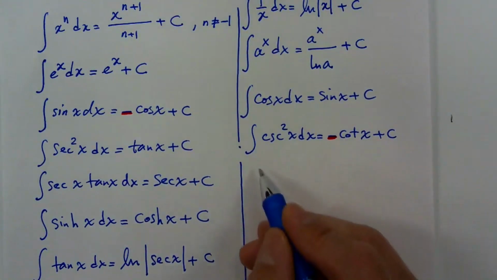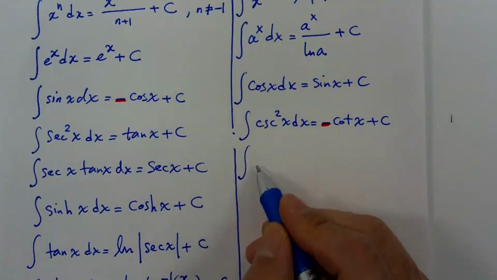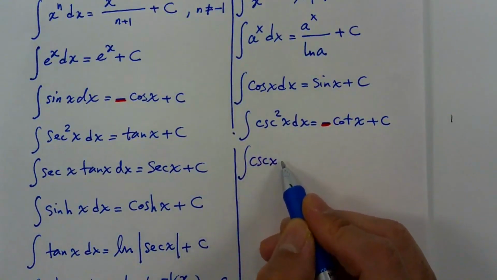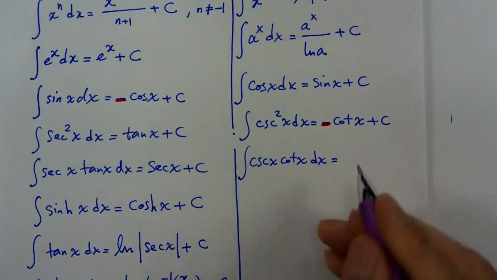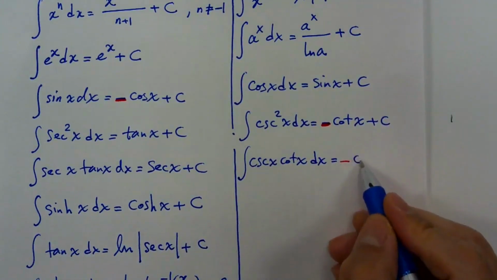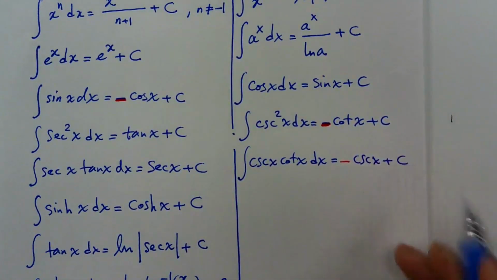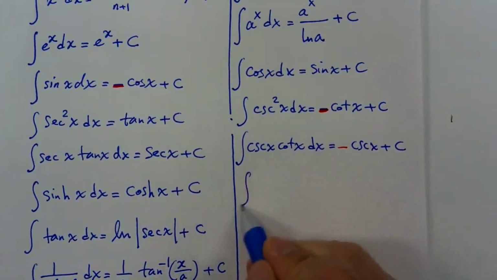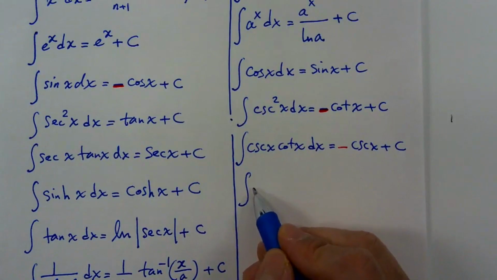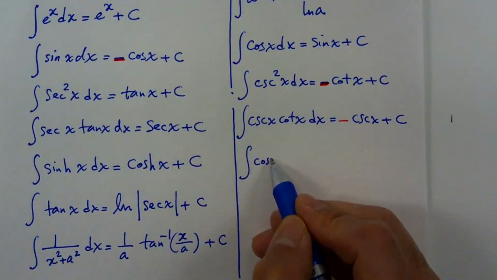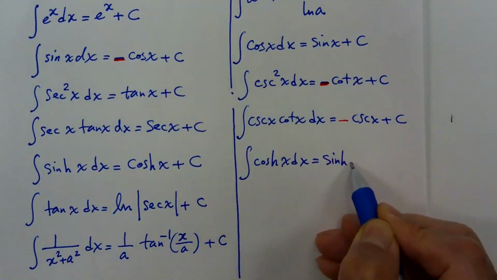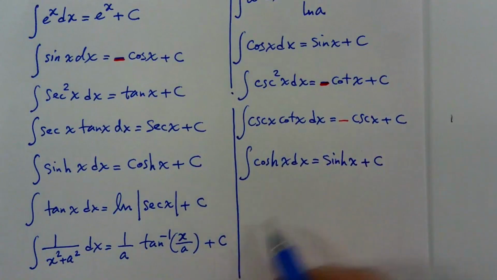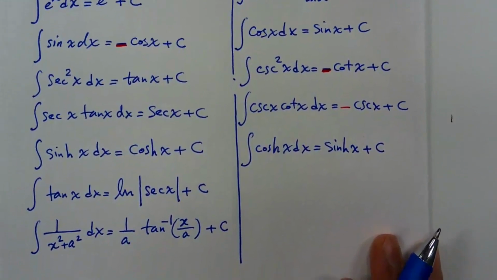The next one, we have the integral of cosecant of x cotangent of x dx is equal to minus cosecant of x plus c, and then the integral of hyperbolic cosine of x dx is of course the hyperbolic sine x plus c, and of course all these c's indicate that we are integrating an indefinite integral.